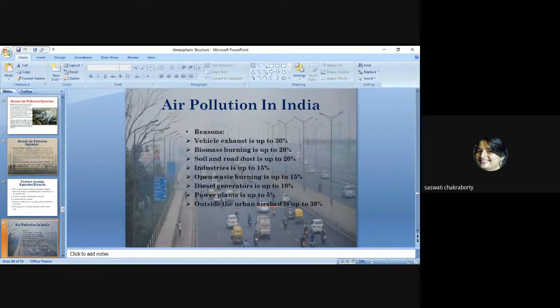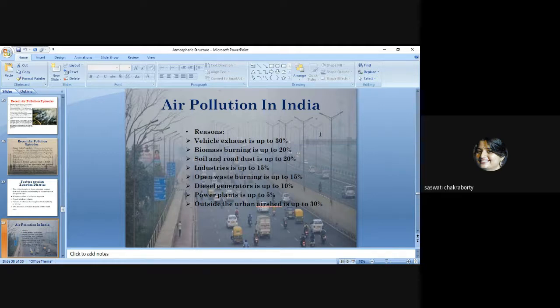Air pollution in India. See, vehicle exhaust is up to 30%, biomass burning like forest fire and all those things, or people intentionally burning the trees for urbanization, is about 20%, soil and road dust is up to 20%, industrial is up to 15%, open waste burning is up to 15%, diesel generators up to 10%, power plants up to 5%, and outside the urban airshed up to 30%.